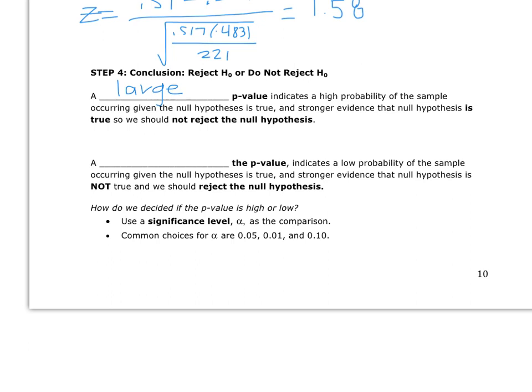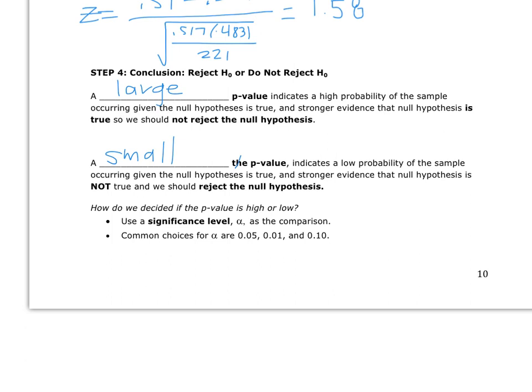And then on the other hand, a small p-value indicates low probability of that sample occurring given that the null hypothesis is true. And so it's stronger evidence that the null hypothesis is not true and we should reject it. So how do we decide whether the p-value is high or low?